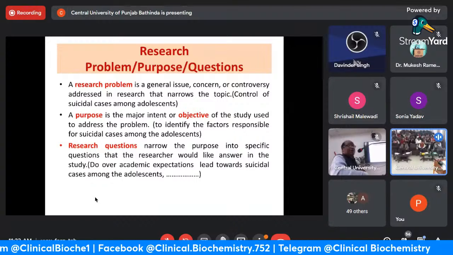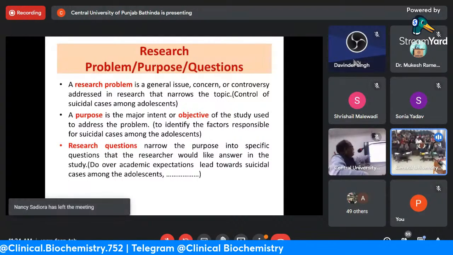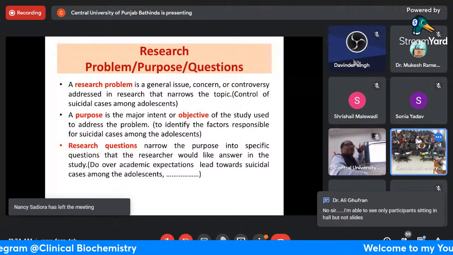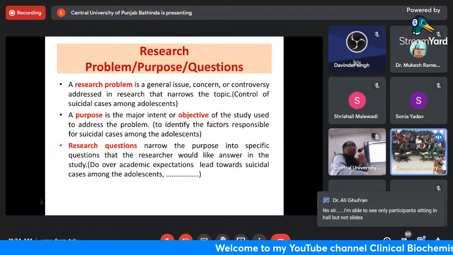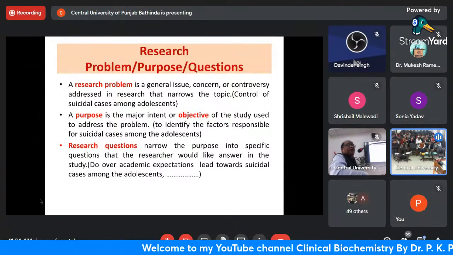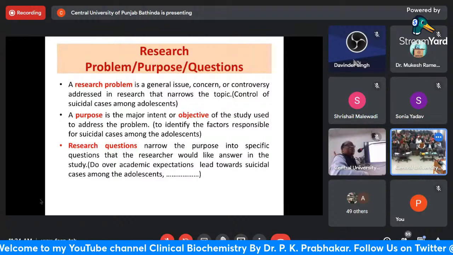If I arrive at them, then it is okay. I have to test it. Otherwise, putting research questions one by one just by thinking is over academic expectation. Is it responsible? Or any other 1, 2, 3, 4, go on formulating research questions.